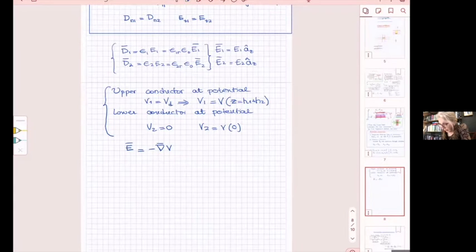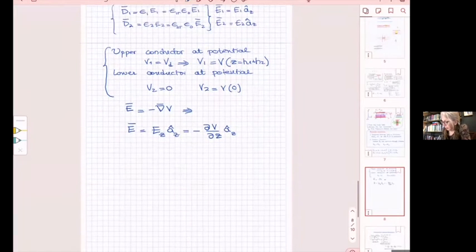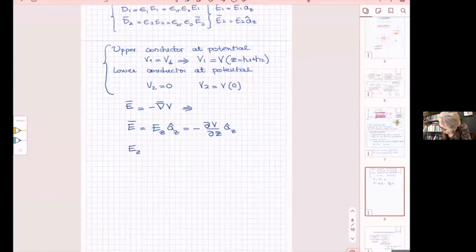Okay, so now we have this. What do we do from here as we discussed? Since we have only one component of the E field, E, which is EZ along the Z direction, is going to be nothing else but minus dV/dZ, according to the gradient. So we know that E sub Z equals minus dV/dZ.